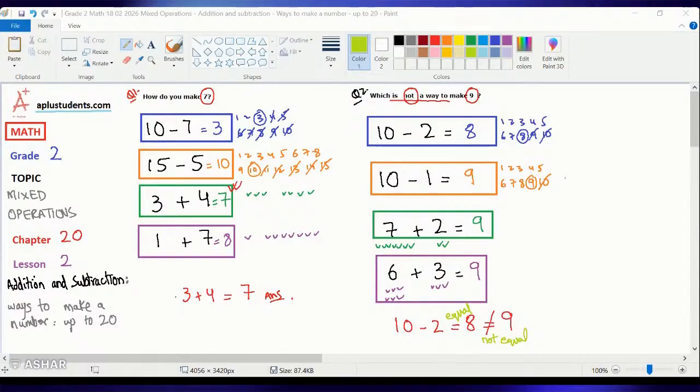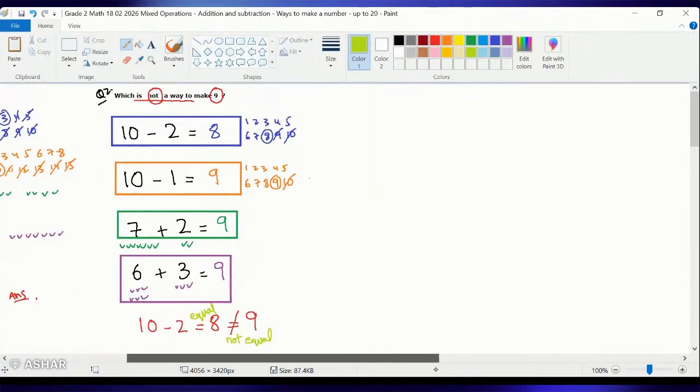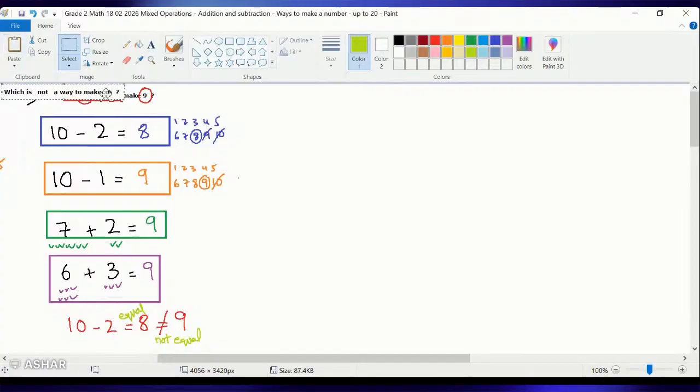Okay, let's have a look at another option. They are saying which is not a way to make a 16. So question number 3, let's look at some options.